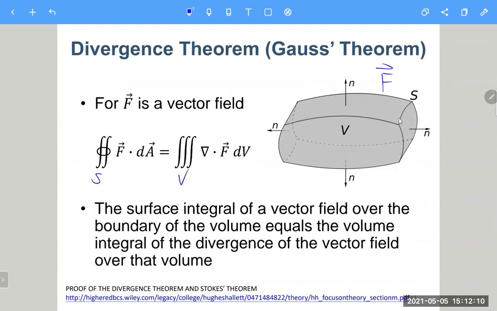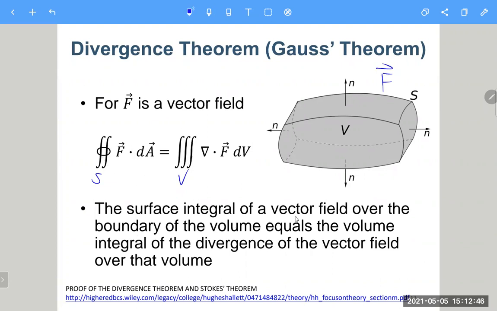The volume is bounded by this surface S. So maybe we need to find the triple integral, but you don't really like to calculate the triple integral. So you see what the divergence is, and then you can just calculate the double integral of this vector field rather than the triple integral, or the other way around. So it is something like you convert a triple integral into a double integral.